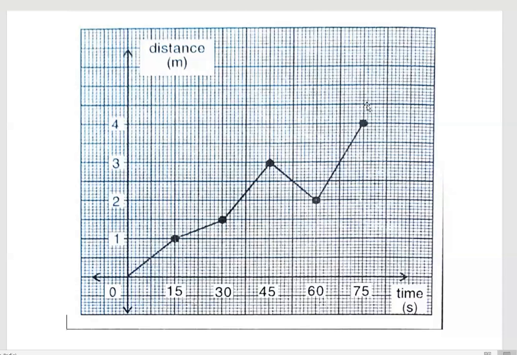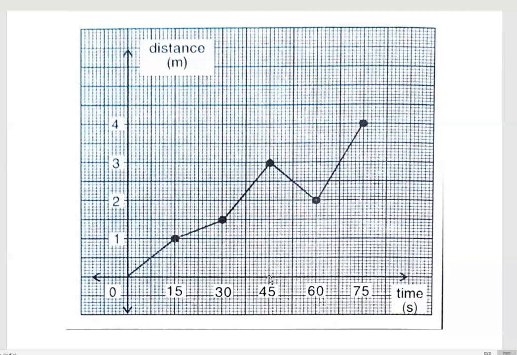So now we know that if the object travels unequal distances, look at this. All these points are representing this distance between them. It is representing that the distance is unequal. So if the object travels unequal distances in equal interval of time, then it is said to be performing non-uniform motion.